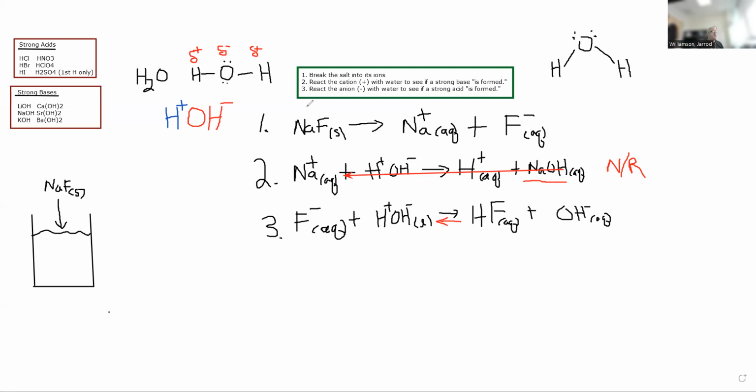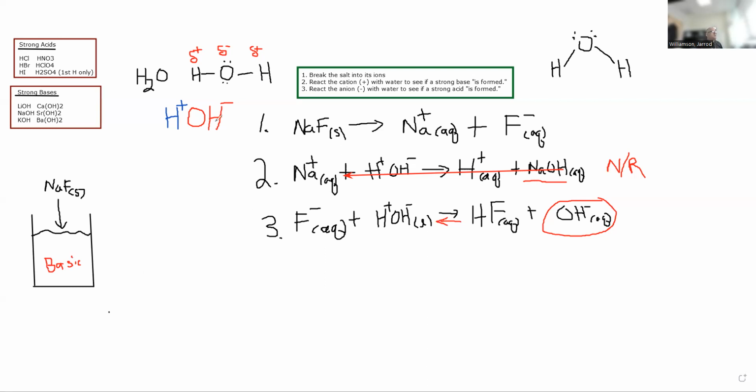That means once I put some sodium fluoride into the solution, I end up with some excess hydroxide ion floating around in solution from more than before. And I end up with my solution now in here being basic, because of this third step, meaning I had some hydroxide left over. Okay, that's how we do that.